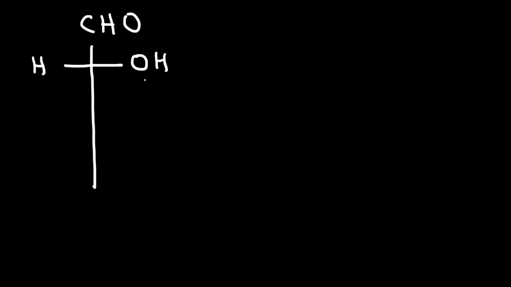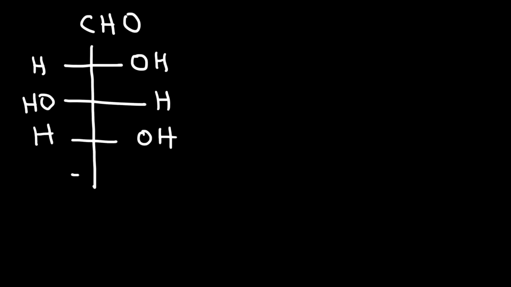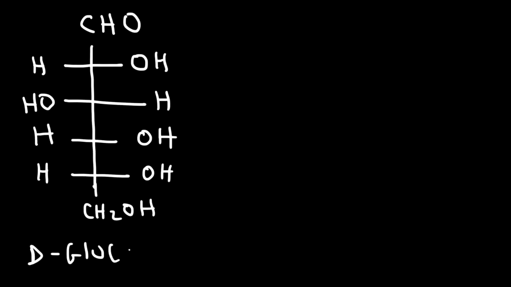Now the next thing that we need to talk about is a term called epimers. What do you think epimers are? To illustrate this concept, I'm going to redraw glucose and an isomer of glucose, which is galactose. There are many isomers of glucose, but I'm going to focus on galactose. So on the left, this is, as we said before, D-glucose.